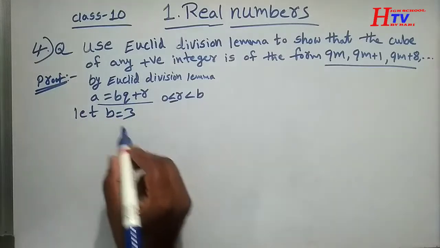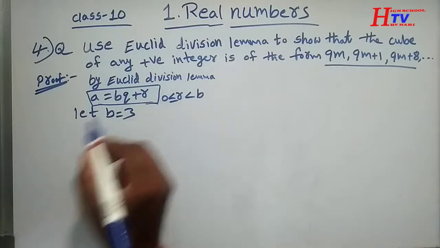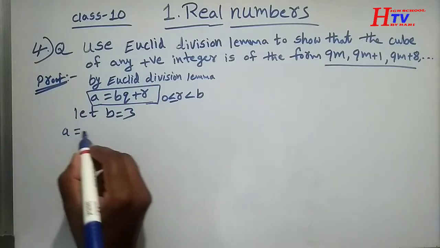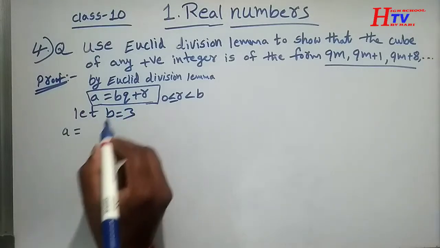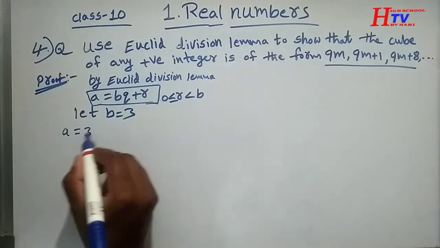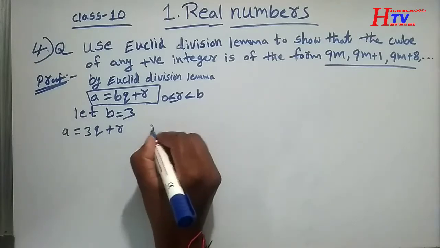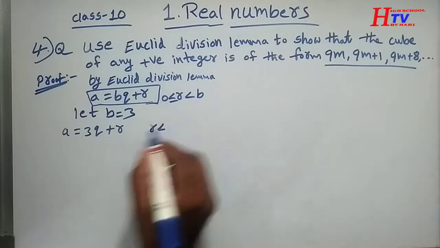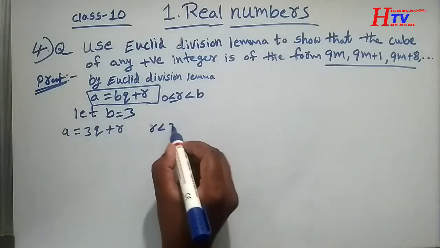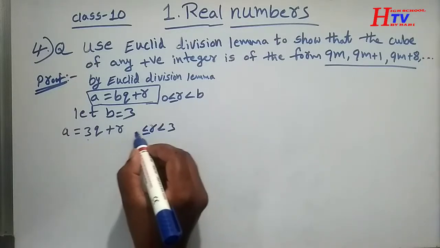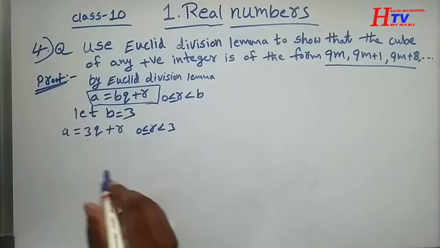In this Euclid division lemma equation, a equals to b q plus remainder r. Here b is 3, so a equals 3 into q plus remainder r. Here r is less than the divisor 3 and greater than or equal to 0.